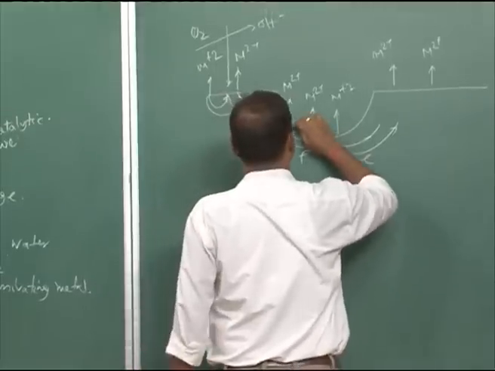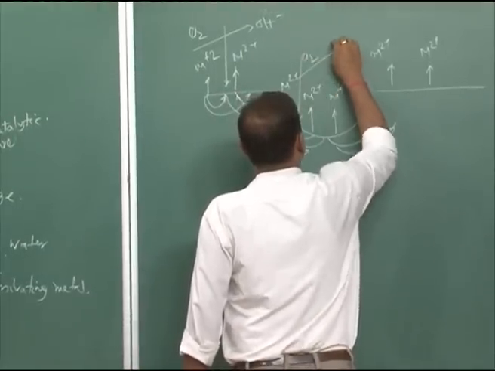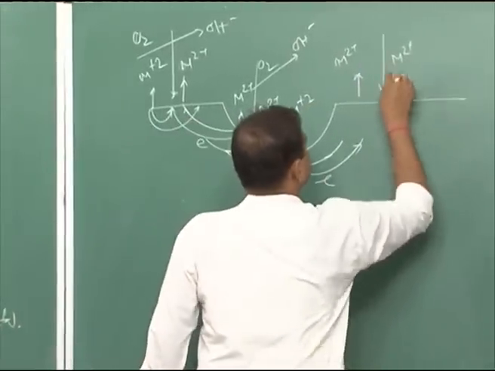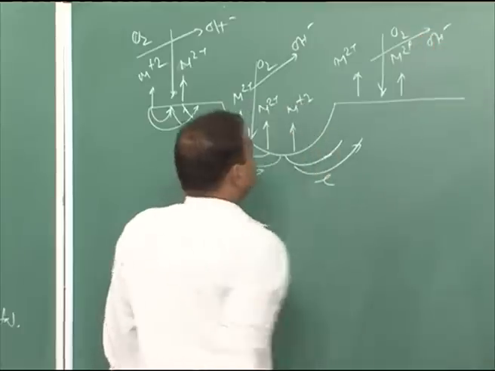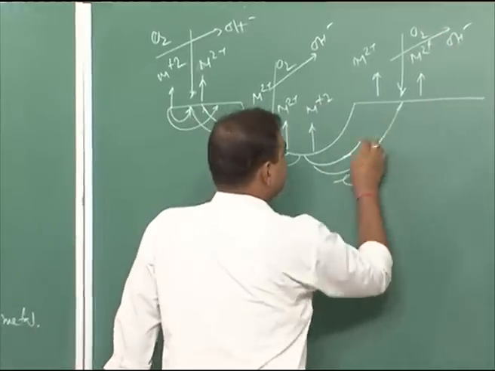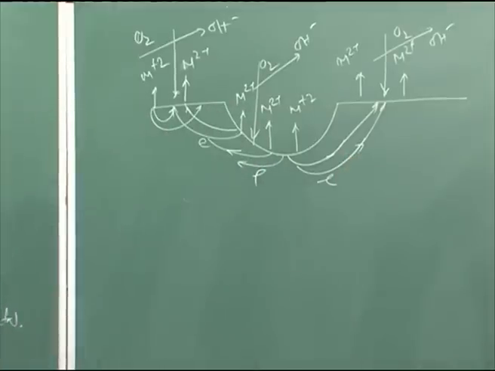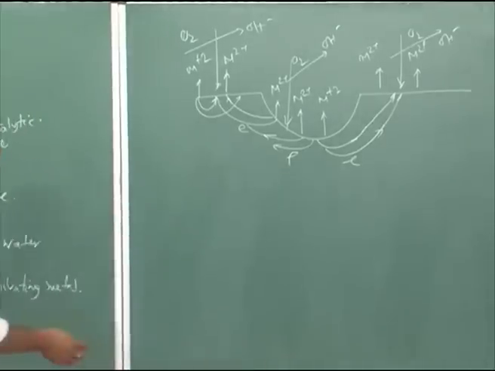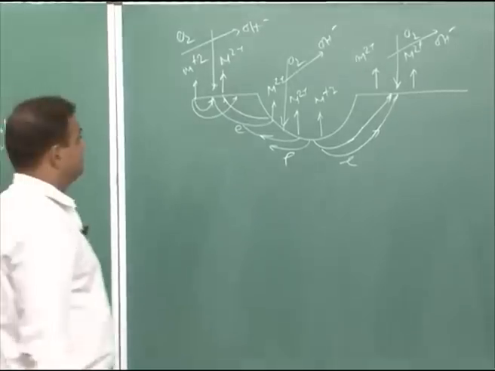Here also oxygen is coming and forming OH minus ion, and this side also the same story. So, these electrons are consumed by dissolved oxygen, which goes for this cathodic reaction and forms OH minus ion.